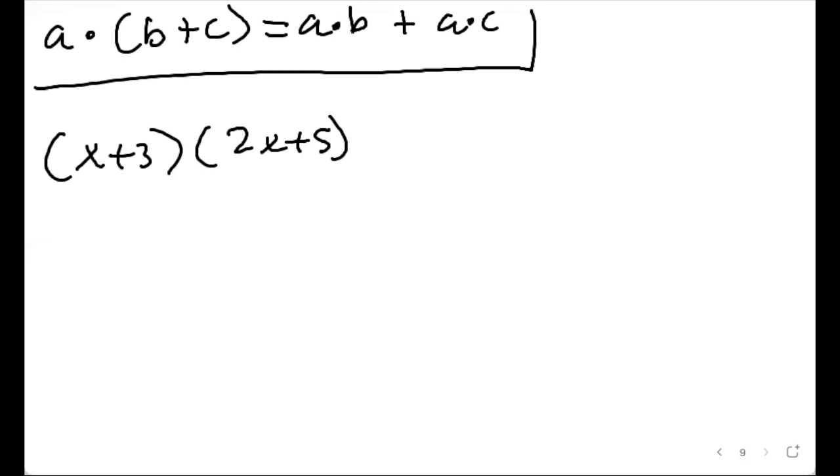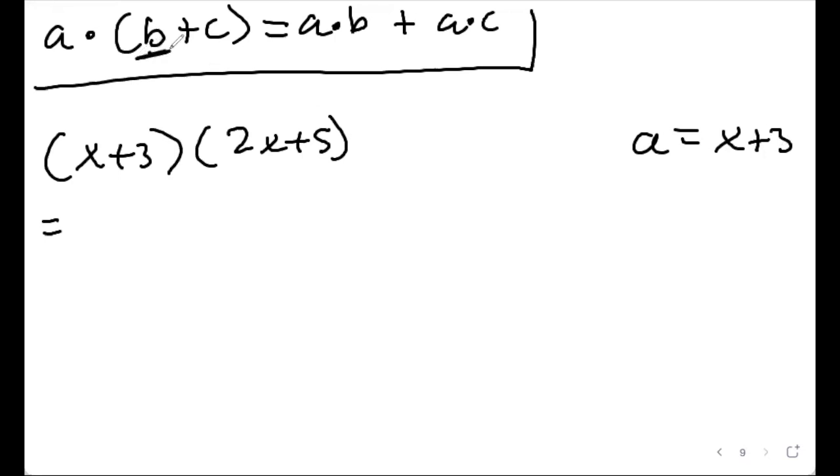I think we can use this formula to do this problem. Does this look that different from this? I don't think so, because instead of having a, we have x plus 3. So in other words, a is x plus 3 for our specific problem.